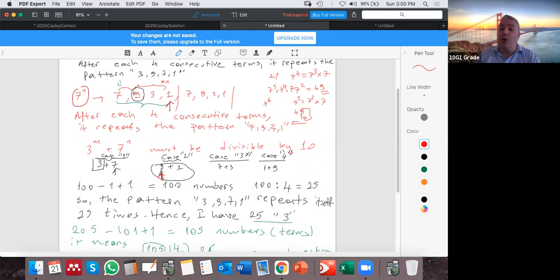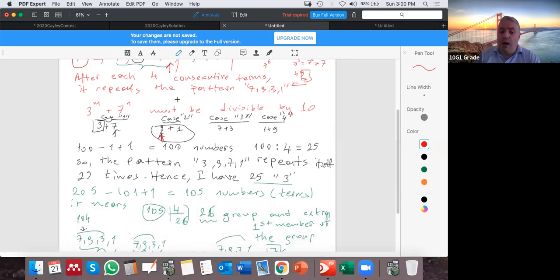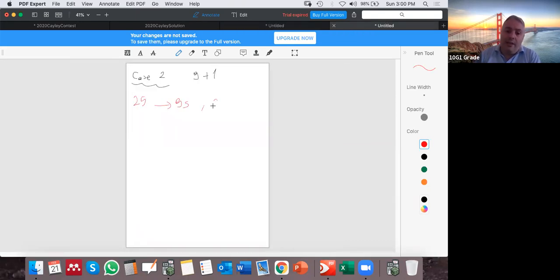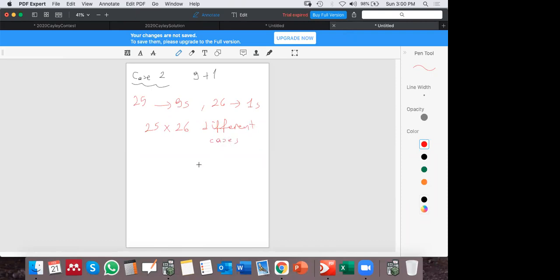The last term of each group. So how many groups do I have? 26 groups. An extra one I have, but the extra one is not 1, it is 7. Okay, so there are 26 ones. So what am I going to say? 26 ones. So it will be 25 times 26 different cases. Is this okay? Yes, sir.